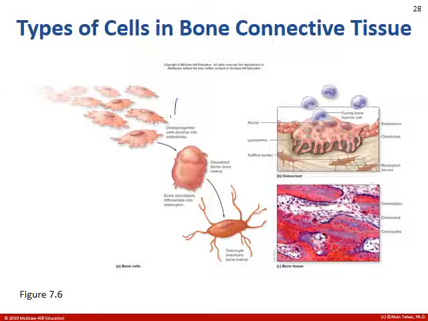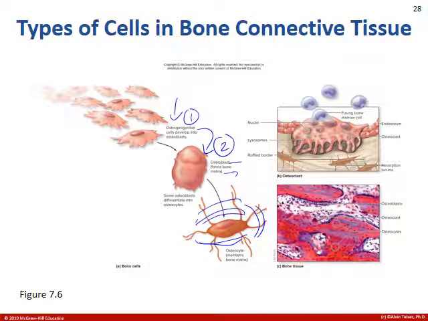Nice flow chart here. We see the osteoprogenitor cell that gives rise to the osteoblast. Then the osteoblast is going to secrete matrix, and then that matrix is going to harden. And when that matrix hardens around the osteoblast completely, we now call it a mature bone cell, which is an osteocyte. This image, you can see the osteoclast.